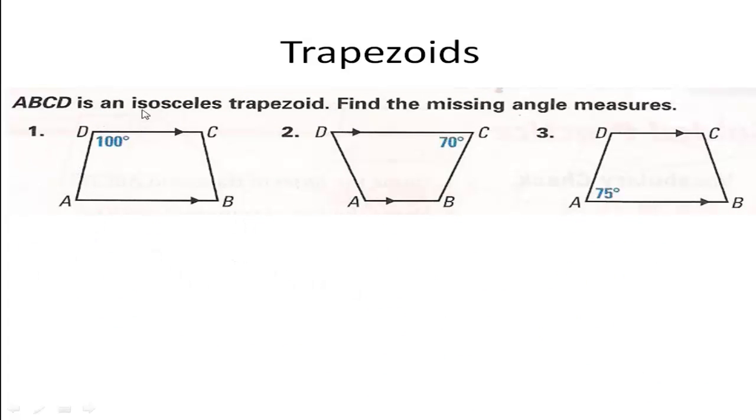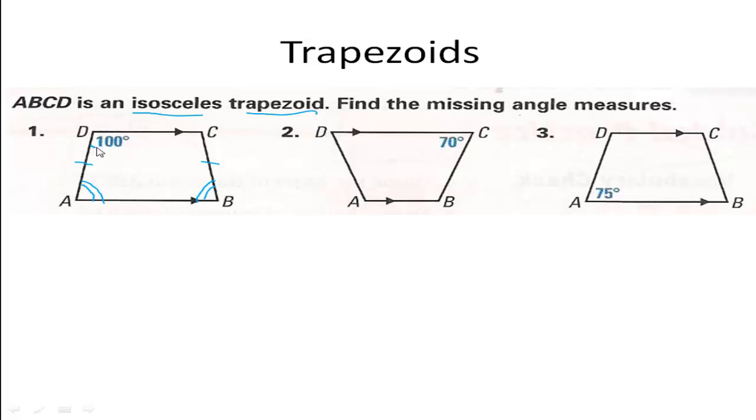And it says, notice it's an isosceles trapezoid. Here are my pair of parallel sides. That means that this leg and this leg is congruent because it's an isosceles trapezoid. I also know that the base angles are congruent. So this angle is going to be congruent to this one.